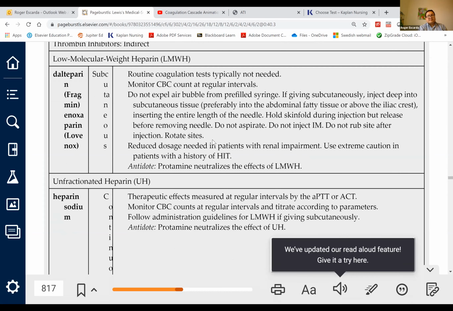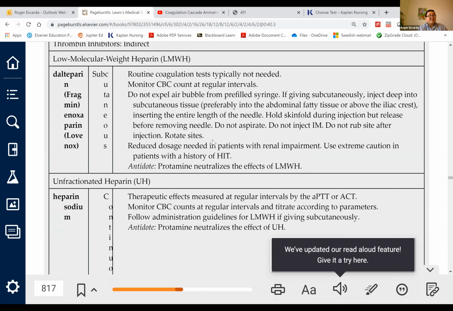However, if you're using low molecular weight heparin, the PTT usually does not need to be monitored. Why? Because the dose does not change. If the doctor orders low molecular weight heparin, the dose is fixed.